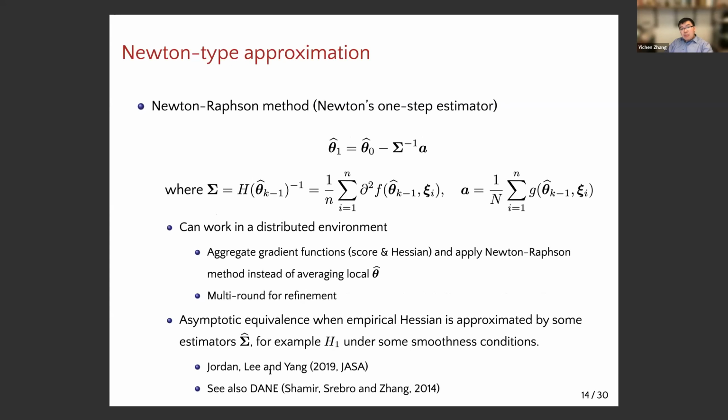So multiple rounds of aggregation builds on the idea of Newton-Raphson's method, which in statistics we have as Newton's one-step estimator. Basically, we do a Newton's one-step estimator looking into the entire data.